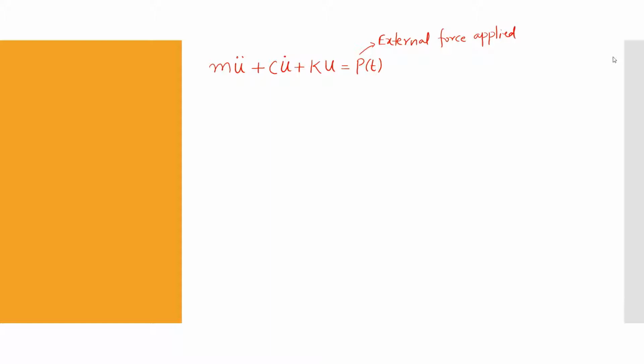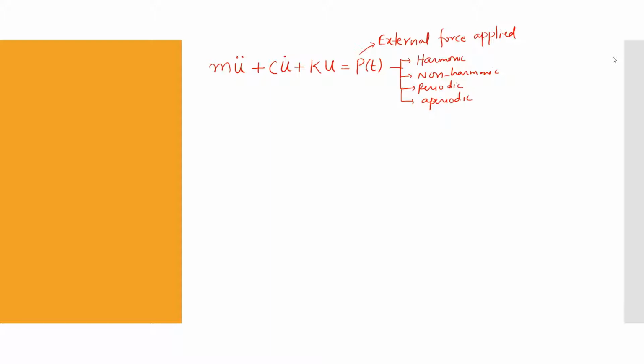This external force applied may be harmonic, it may be non-harmonic, it may be periodic, or it can be aperiodic. So the external force may be any kind of applied force which is a function of time.